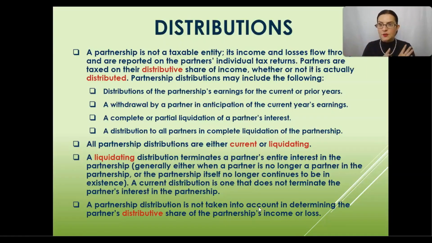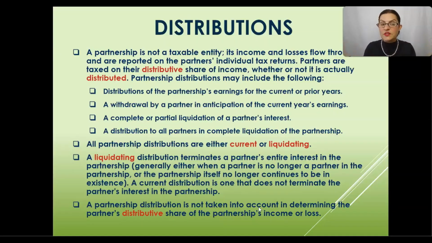A liquidating distribution can be when the partnership is actually closing down its operations, or a liquidating distribution can happen when just one partner leaves the business, either because that partner wants to retire, or they want to get out of the business, or sometimes it'll happen when a partner dies. That particular partner is getting a liquidating distribution because they're leaving the business, they've retired, they've died, but the partnership can continue on.